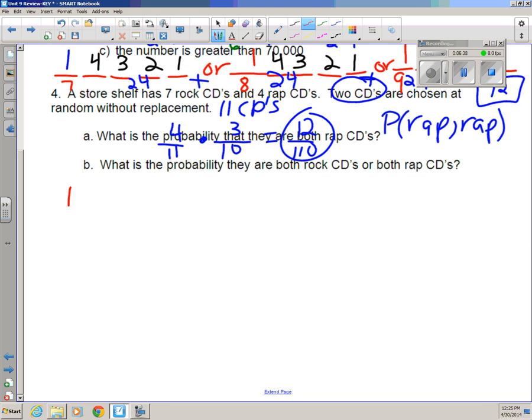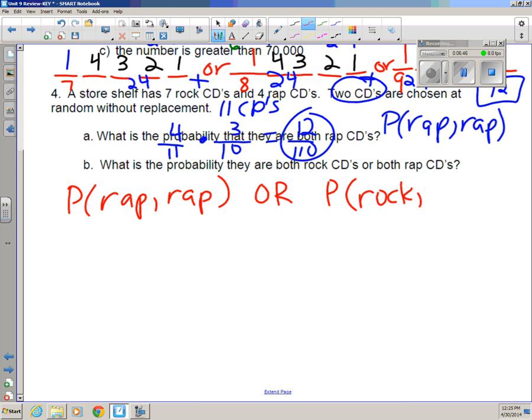When we go for the next one, what's the probability that they are both rock or both rap? Well, that means the probability of getting rap and then rap again, or the probability of getting rock and then rock again. I am just going to take what we did from the 12 out of 110. This is just going to go right here. We just did that in A. This is a plus sign. So rock and then rock.